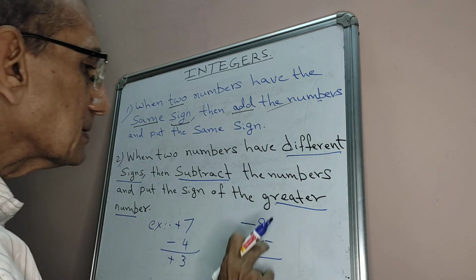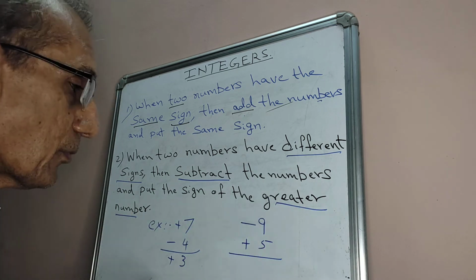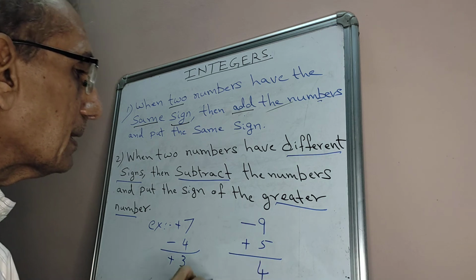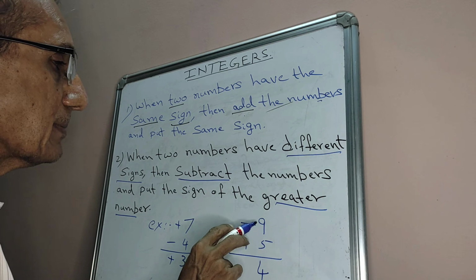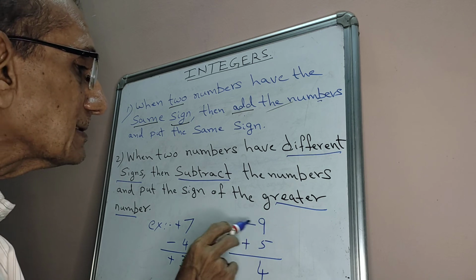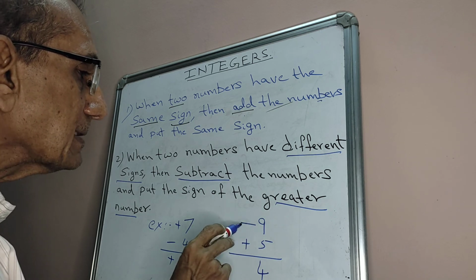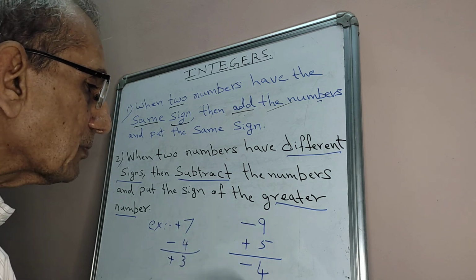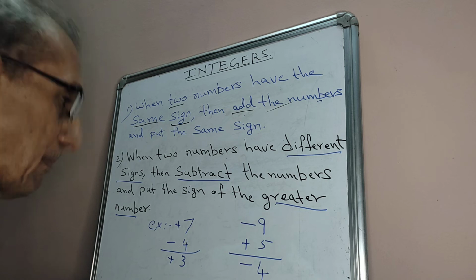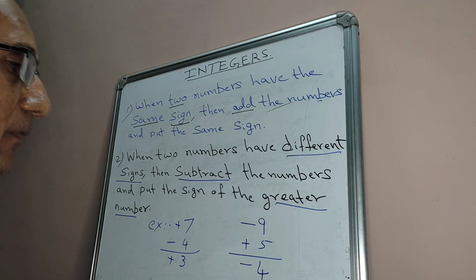So 9 minus 5 is what? 4. And put the sign of the greater number. Which is the greater number here? 9 is the greater number, and it has the minus sign. So we'll put the sign as minus. So this is how we do it.